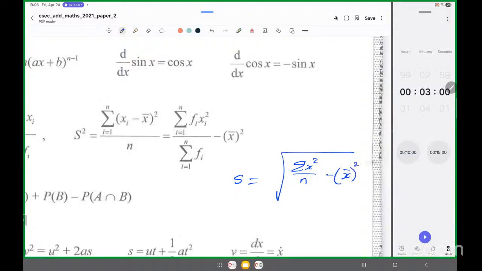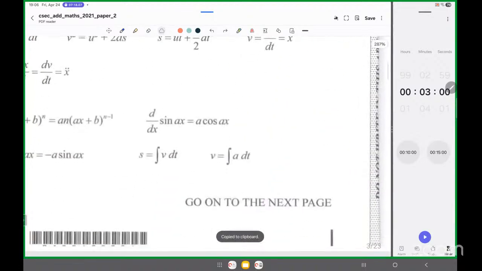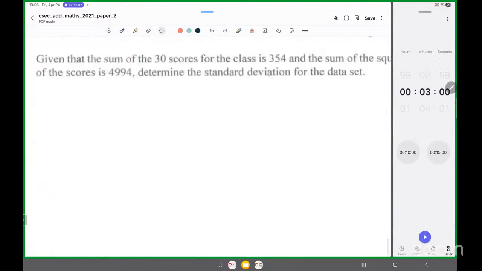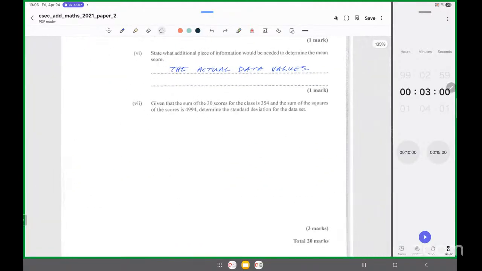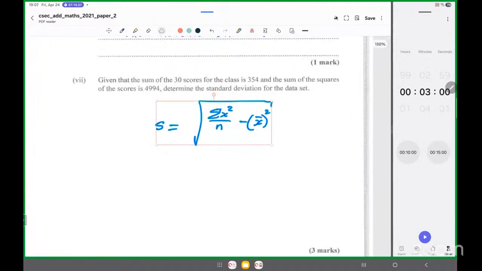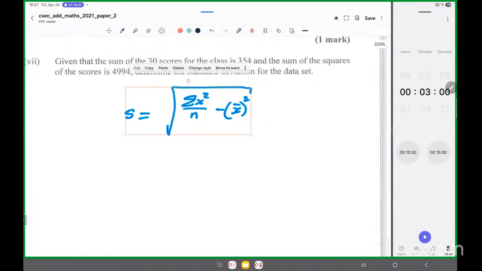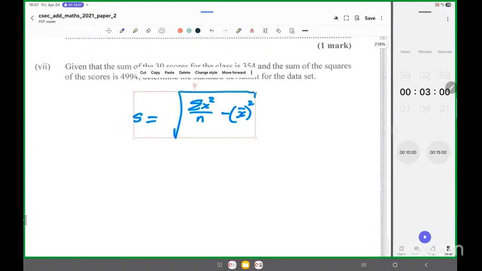The mean squared. Understand? It's better we work it like this, using this formula down here. So it's easier. So copy this and use that down on the question. All right, so when I use this formula down here, we need the mean.